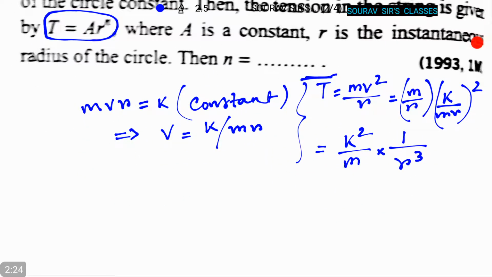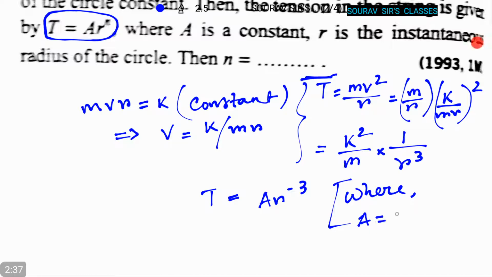So from this we can write that T is equal to A r to the power minus 3, where A is equal to k square by m.